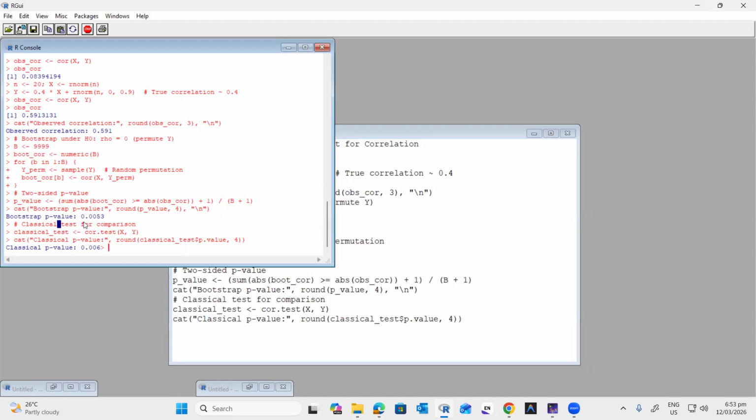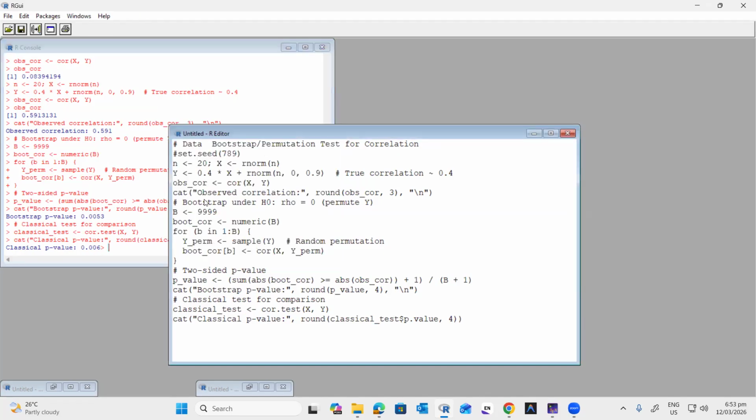The bootstrap p value is 0.0053, and for the classical correlation test the p value was 0.006. So they were almost similar. If you increase the replications, you will get almost similar values.